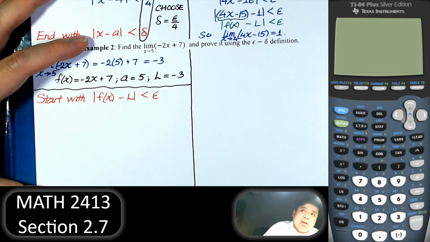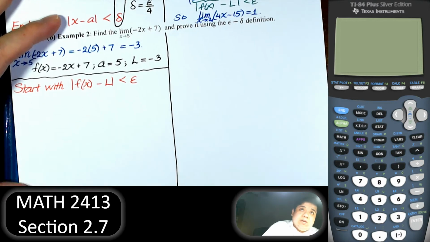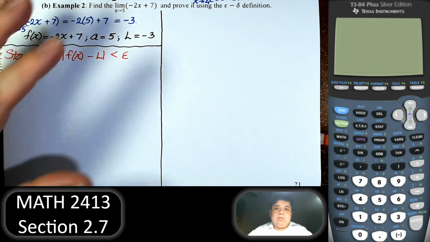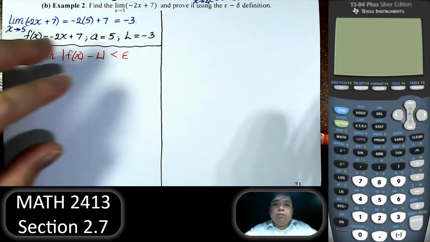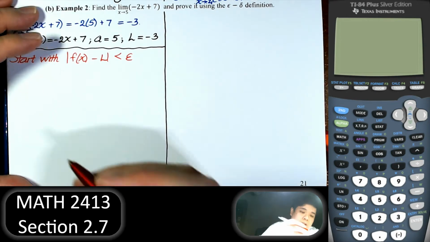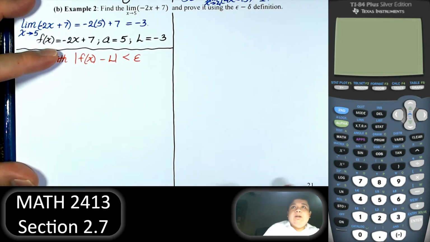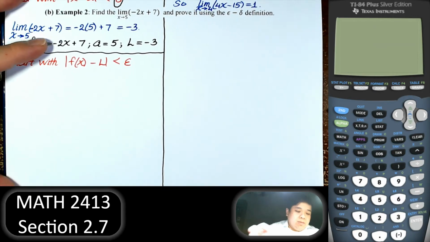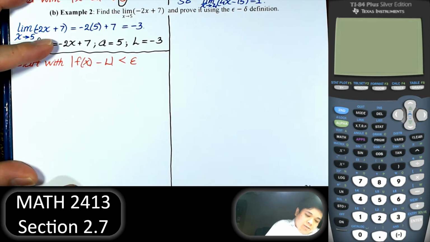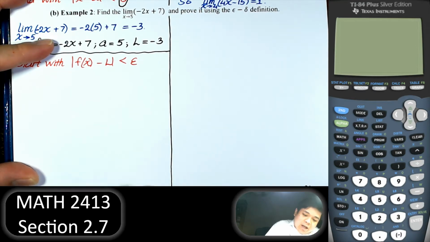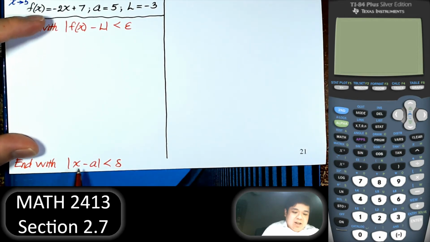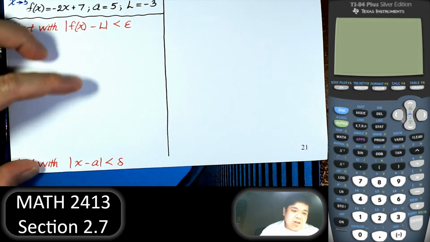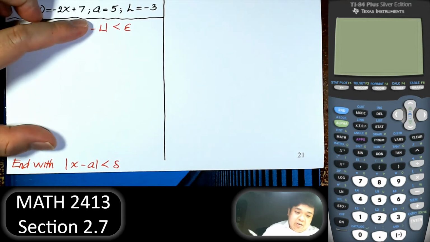And we will end with |x - a| less than delta, meaning |x - 5| less than delta, because a is 5.